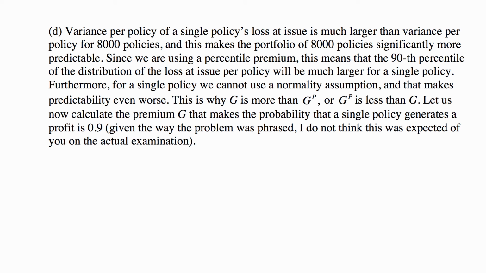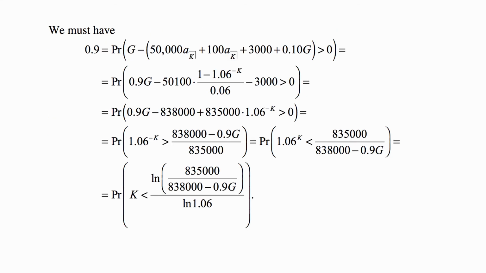We'll actually calculate the premium G that makes the probability that a single policy generates a profit 0.9, although this was not expected on the exam. So we must have the same inequality as before, 0.9 equal to the probability of premium minus expenses being greater than 0, and we do the same trick with writing a angle K as (1 minus v^K) over i.